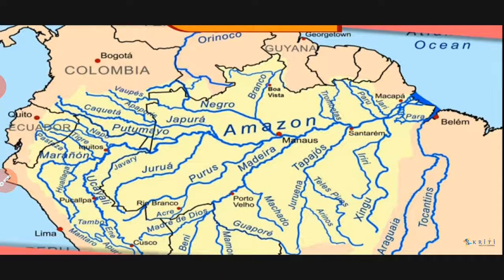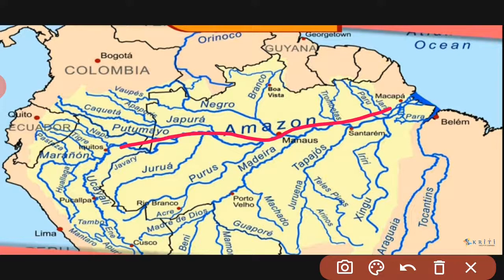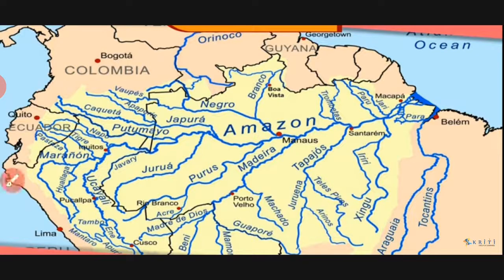Here you can see, children, the Amazon River is there. This flows through the tropical region and it has formed the Amazon Basin. You can see in yellow color, this is Amazon Basin in South America.